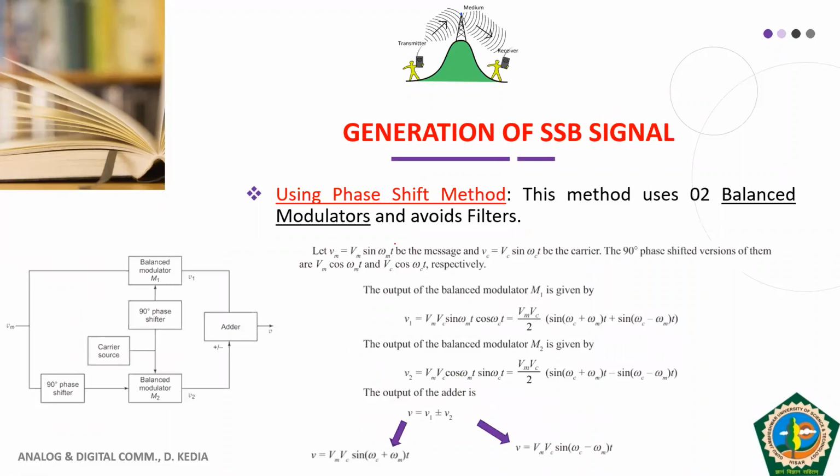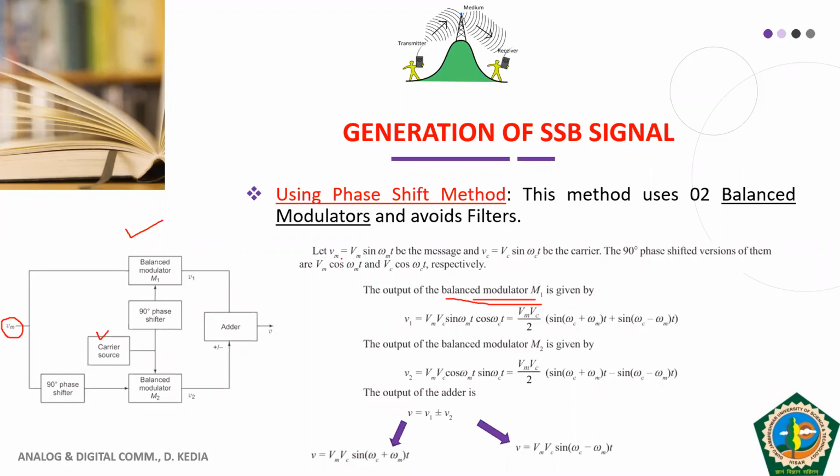So now let us see. This is the circuit of our phase shift method, which uses two balanced modulators. First, let us look at balanced modulator 1. We already know that a balanced modulator works as a multiplier. In a multiplier, we have two signals: one is the modulating signal and another is the carrier.